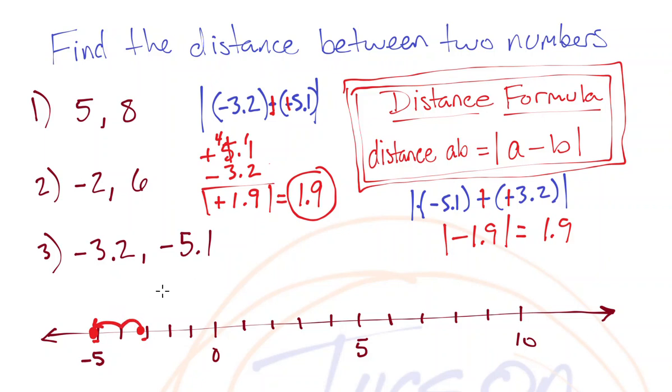Again, a number line is not as effective. We would have to really zoom in on our number line here and write in the tenths between negative 3 and negative 5.2 maybe, and count off the tenths in order to effectively count the spaces.